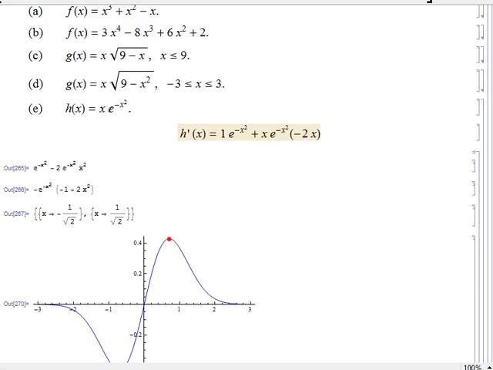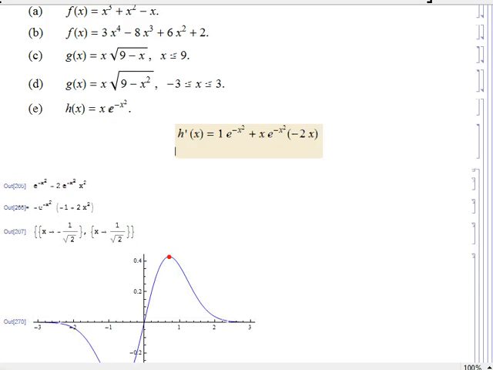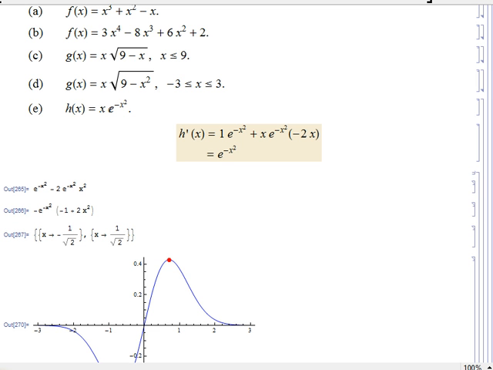That's my derivative function. So simplifying this, we get e to the negative x squared minus 2x squared times e to the negative x squared.